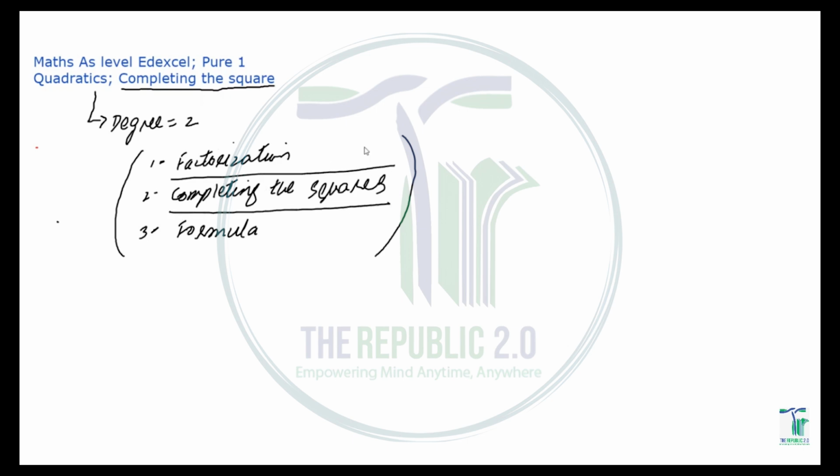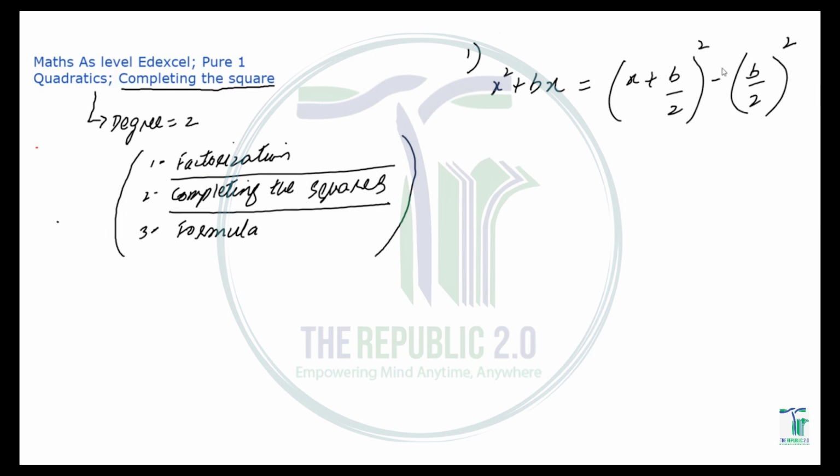To complete the square, you just need to know a simple formula. If you have an expression in the form of x squared plus bx, you can write it in completing square form as (x plus b by 2) squared minus (b upon 2) squared.